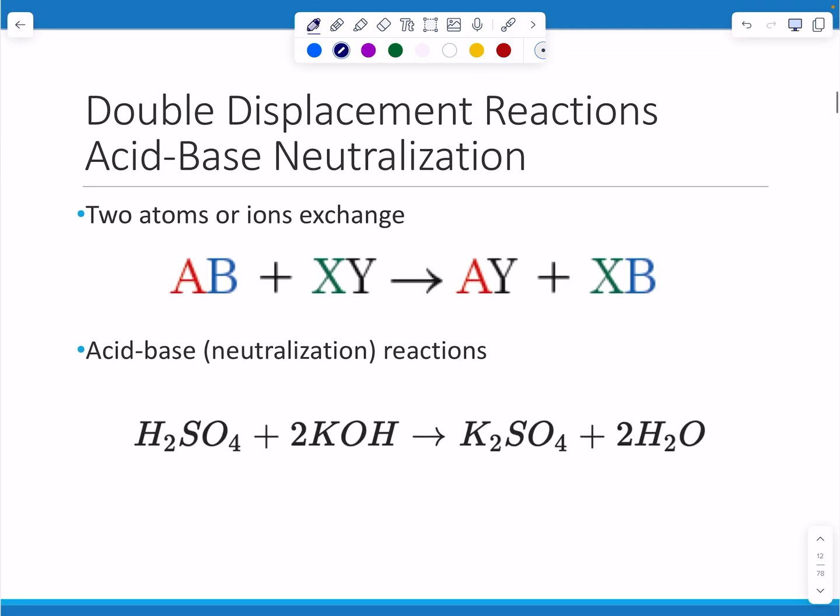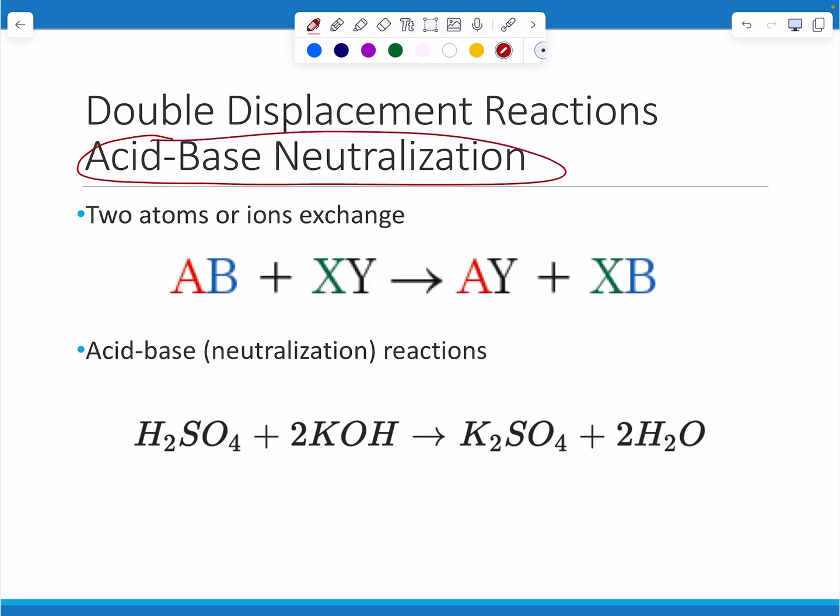Okay, so the other type of double displacement reaction that's super important, okay, is something that you used in lab last week, okay, when you did the titration, okay. So acid-base neutralization reactions, okay.